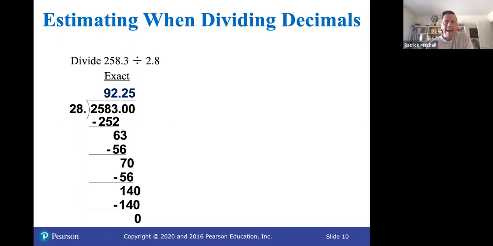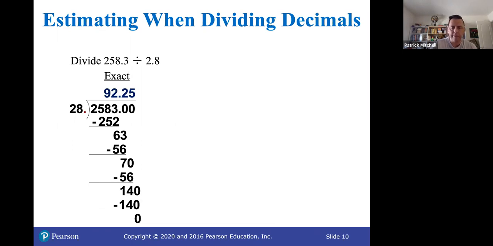Now, estimating when dividing decimals is a little bit less clear-cut about exactly how to round the numbers. So what your book seems to be doing is rounding to the nearest numbers that will give you a nice, easy problem.